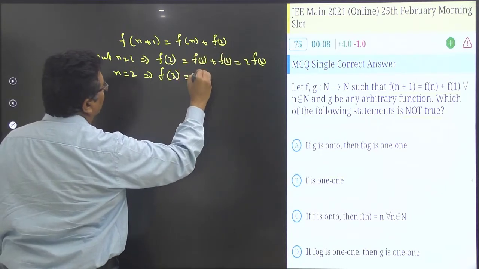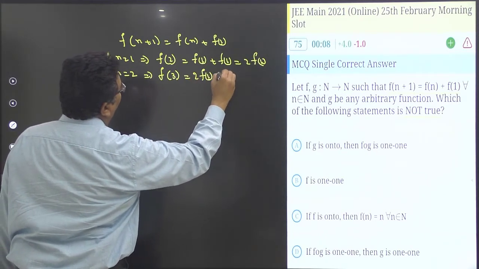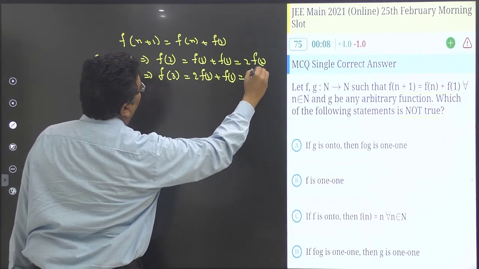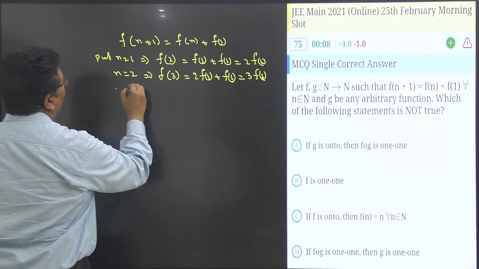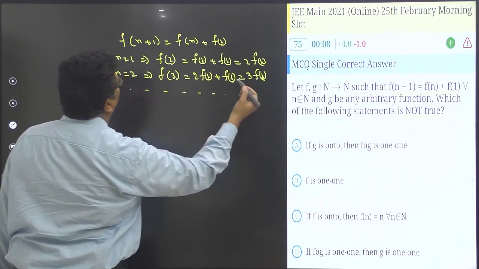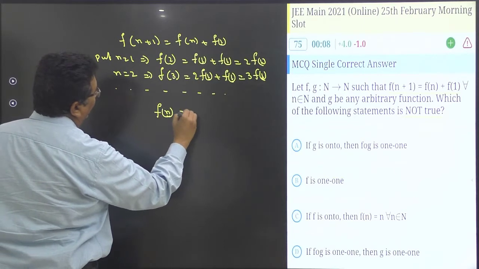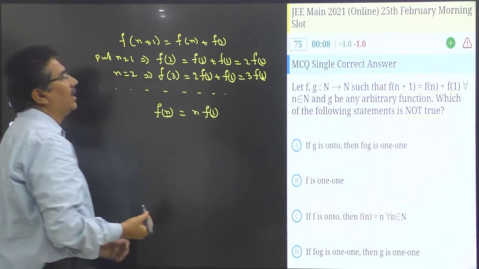F of 2 is 2 times f of 1, so 2 times f of 1 plus f of 1 is equal to 3 times f of 1. Right? Continuing like this, f of n is equal to n times f of 1.